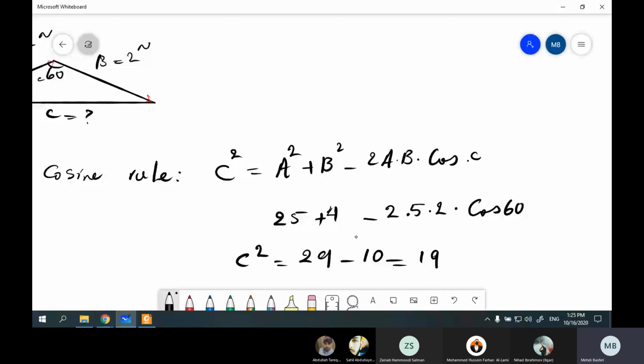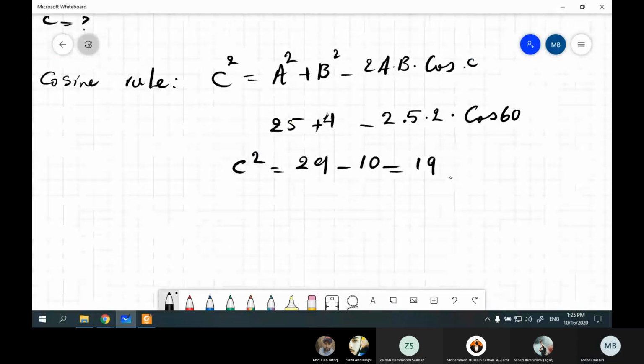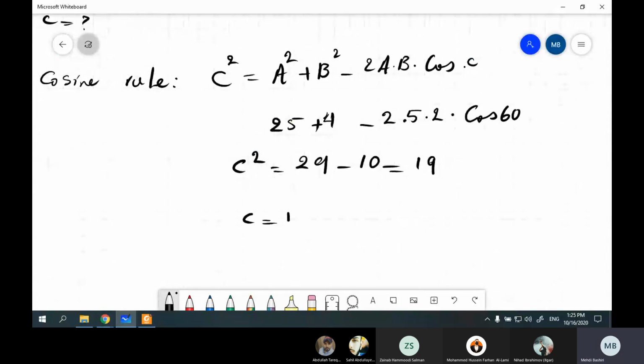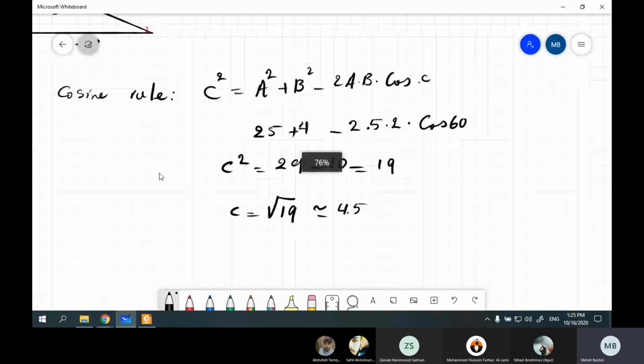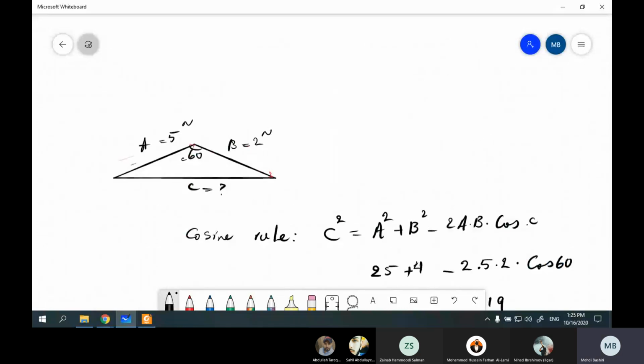So C squared is equal to 19, and C is about, for example, 4.5, something like this. Okay, so you can see that if we are in this situation, we can use the cosine rule.